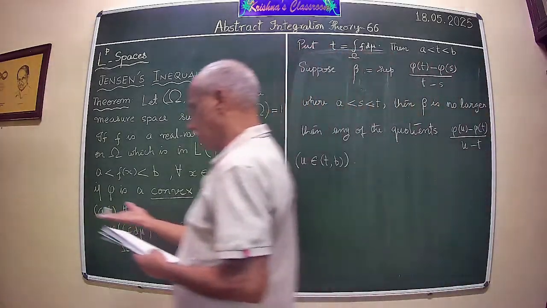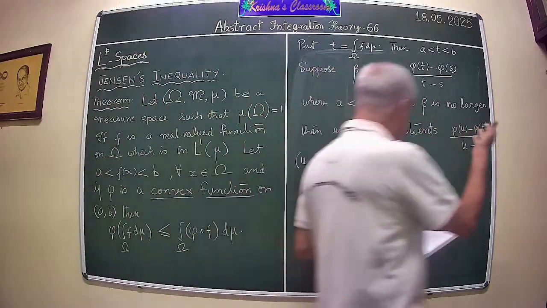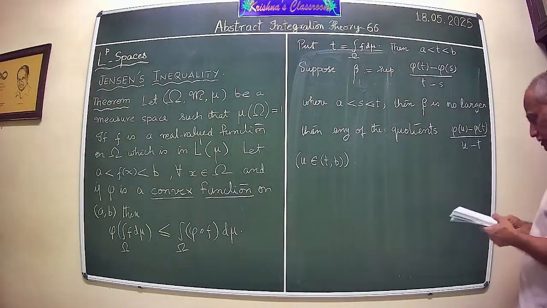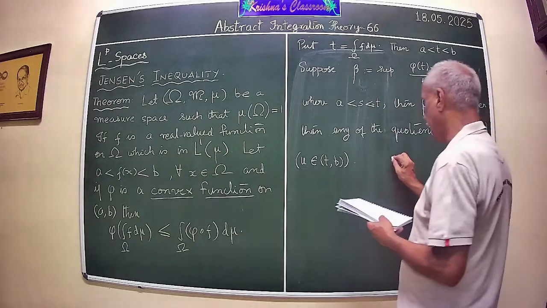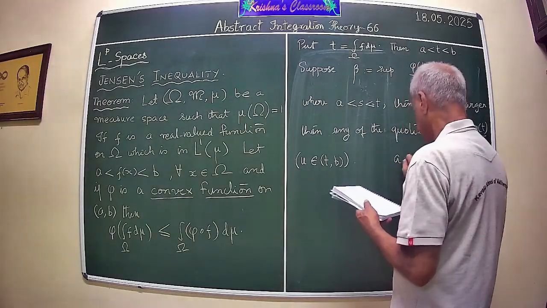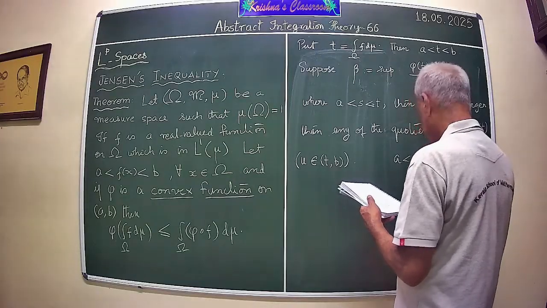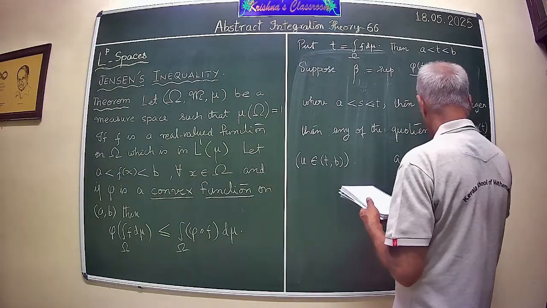That's the part I have explained earlier. And we have a less than s less than t less than u less than v.